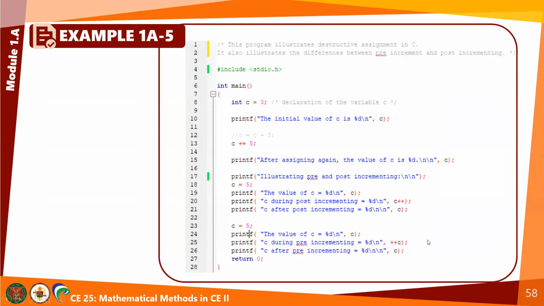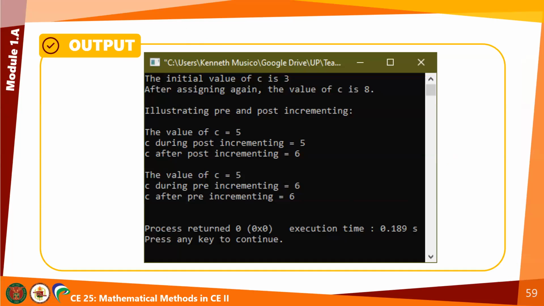So what happens? In pre-incrementing, you change the value of C at the line. At the line where you are pre-incrementing. So what is the line where we are pre-incrementing? At line 25. So at this line, you expect that the value of C will be plus 1. Okay? So you expect that the value of C is 6.